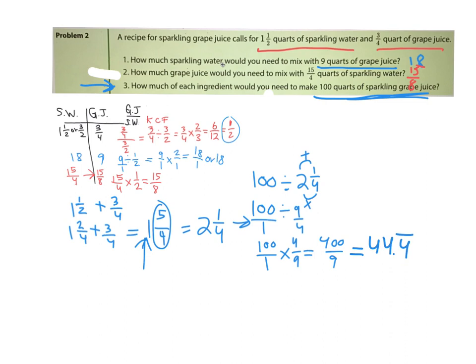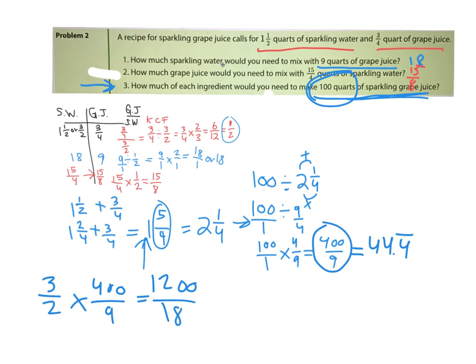If you need that many times more of each ingredient to make a recipe that has 100 quarts, you're going to take 400 ninths and multiply that times your sparkling water, which is 1.5. 1.5 is the same thing as 3/2. If you do that, you're going to get 1200 over 18, which simplifies to 200 thirds, or 66.6 repeating quarts. So a little bit more than 66.5 quarts.